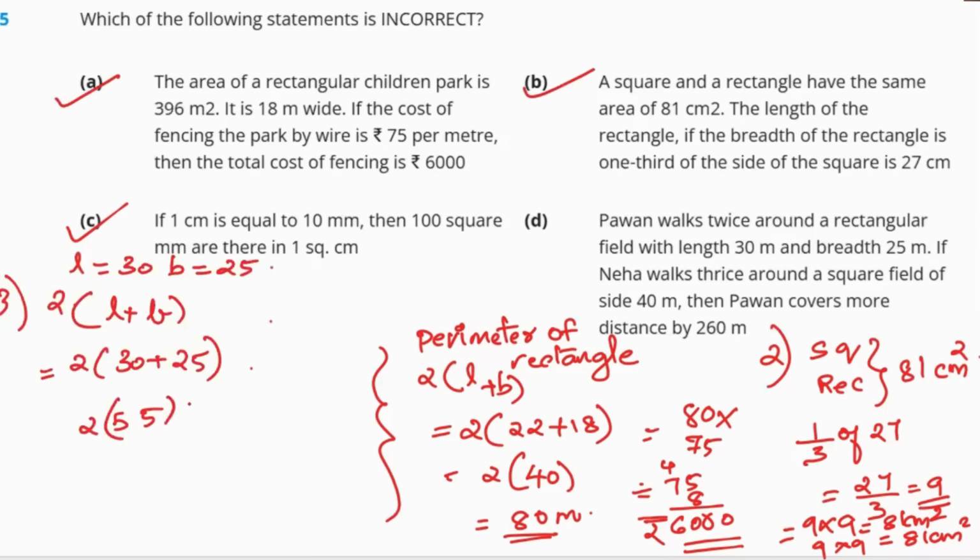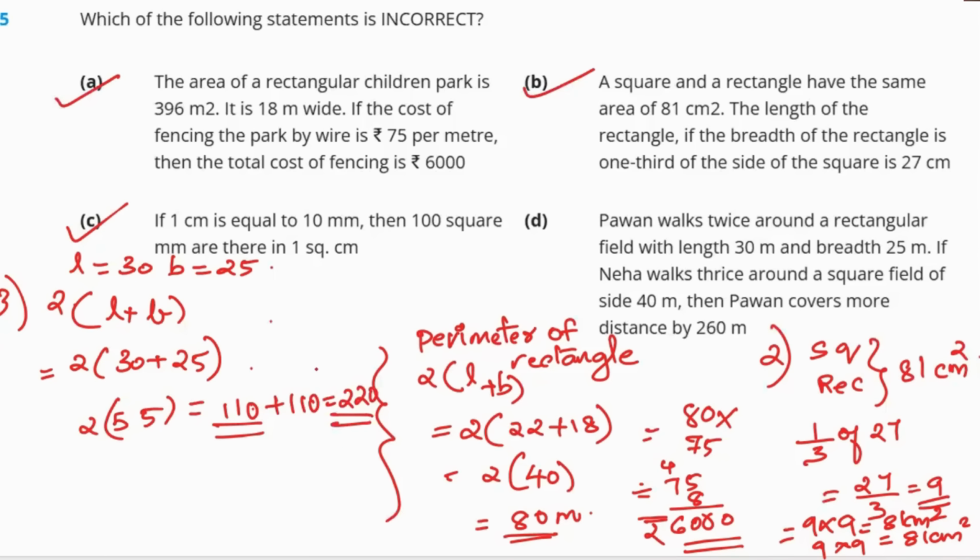So 2 into 55, which is equal to 110. But he walks twice, so the perimeter will be twice: 110 plus 110, which is equal to 220.